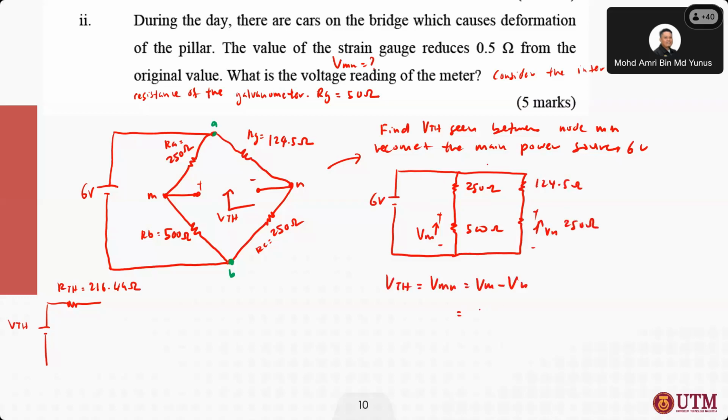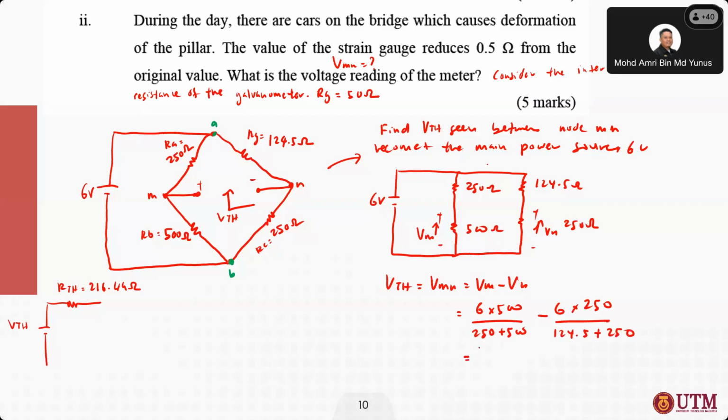So equivalent to 6 multiplied with 500 divided by 250 plus 500, minus 6 multiplied with 250 divided by 125.0 plus 250.